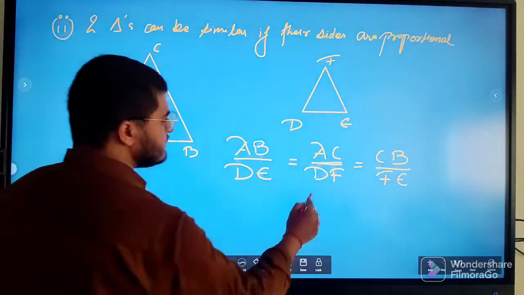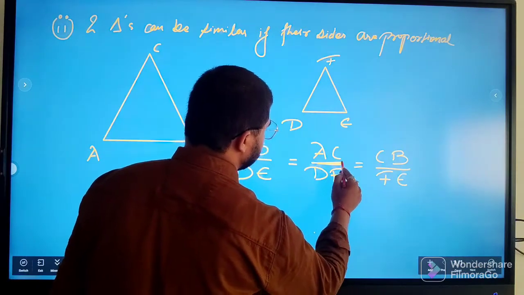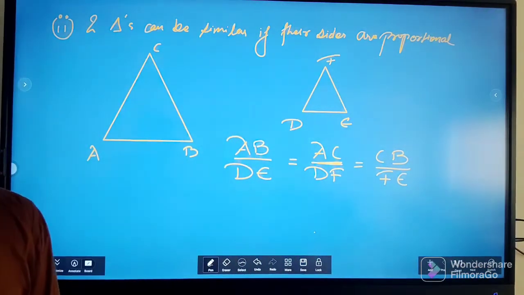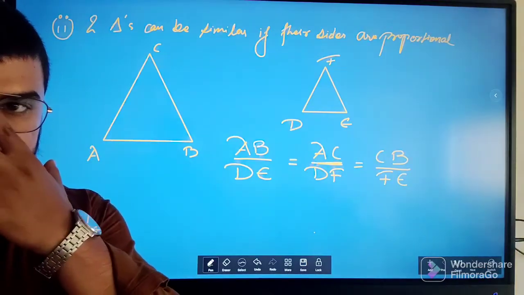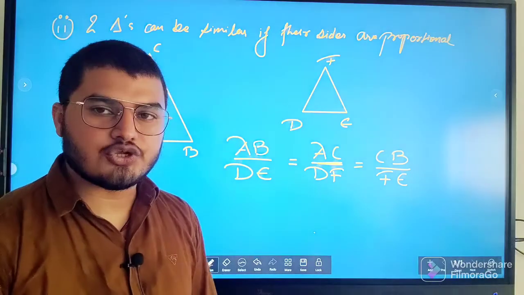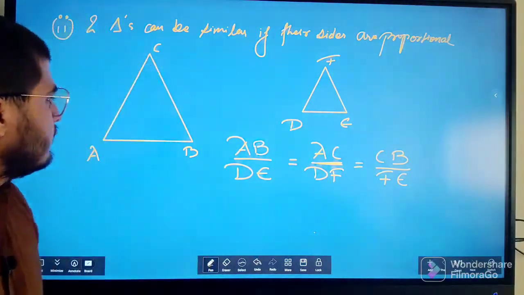Then the two triangles are said to be similar. This is the second condition, when the ratio of their sides is the same, constant. The value of the ratio is constant throughout.